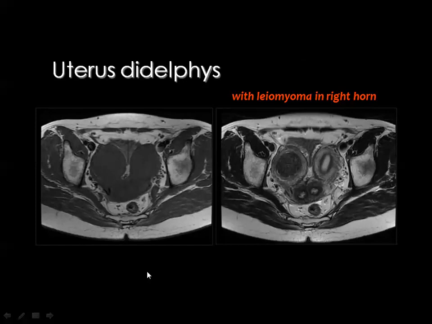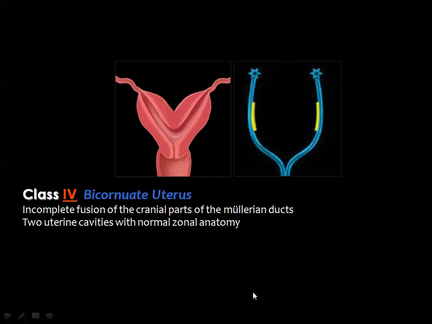And this is uterus didelphys with a fibroid mass inside the uterine cavity here. You see the body of the uterus on the left with its cervical canal, the body of the uterus on the right with its cervical canal, but the uterine cavity is distended by this low signal mass, which is characteristic of uterine fibroid, as I will mention later on.